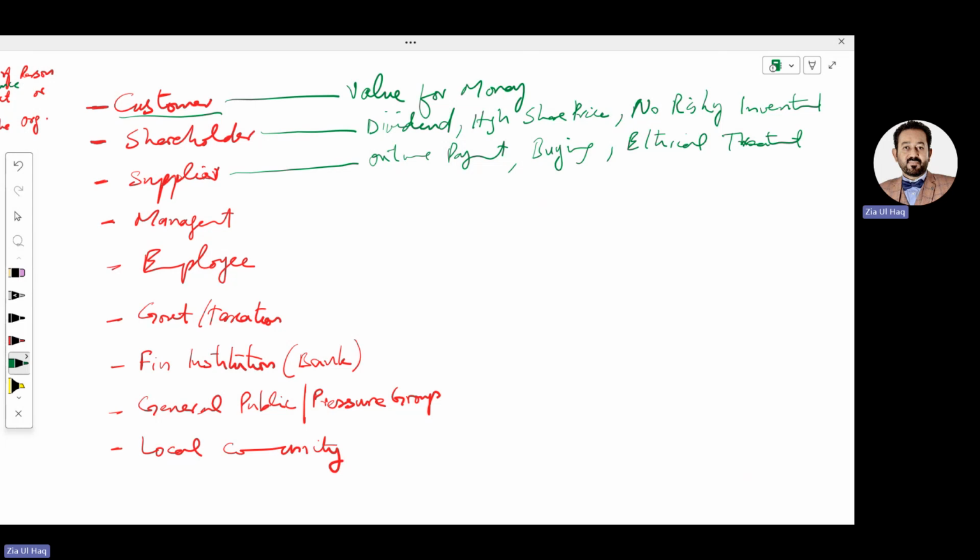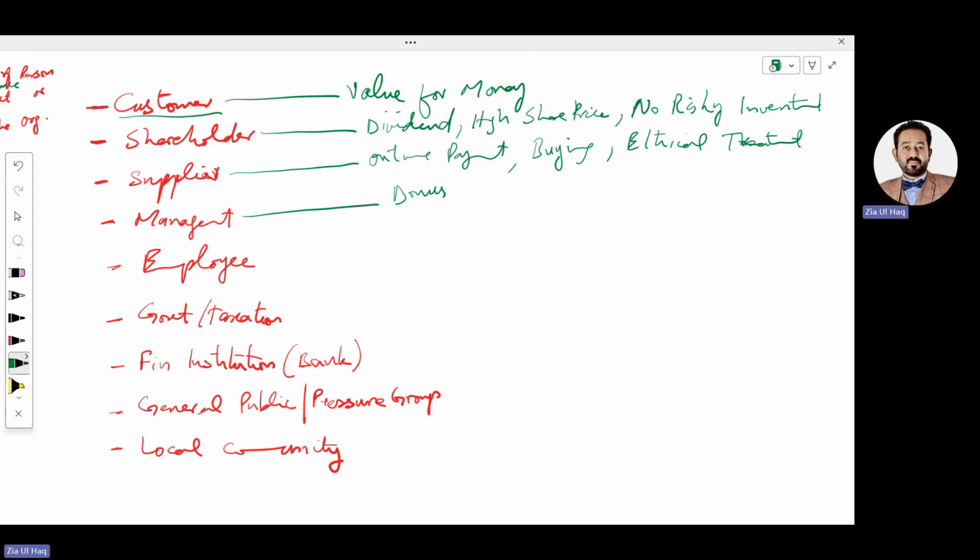Now, what does management want from the business? Basically, what the supplier wants is ethical treatment: don't deceive me, because I'm supporting your business, providing you goods on credit. So you need to support me in bad times. Or before moving to another supplier, at least discuss with me, give me a chance so that I can make other arrangements.